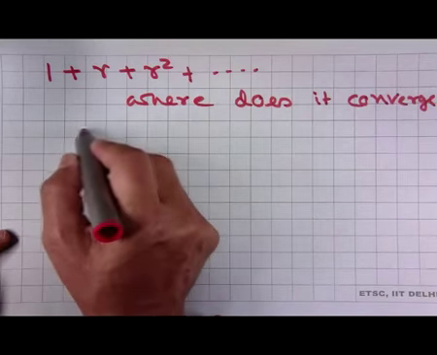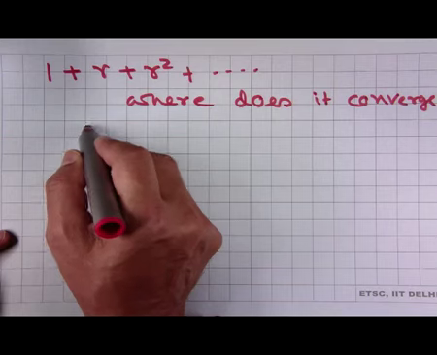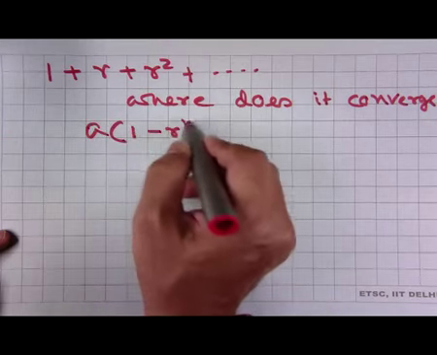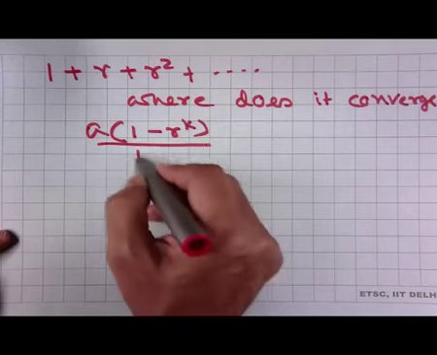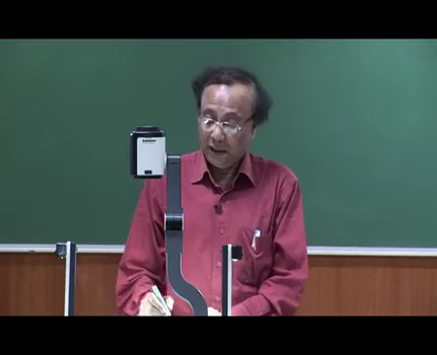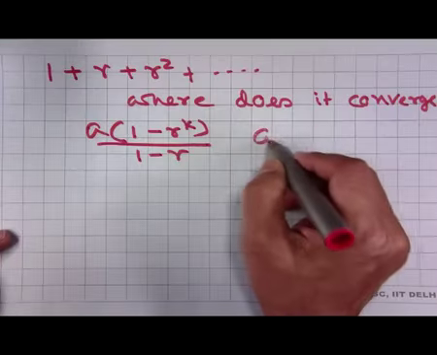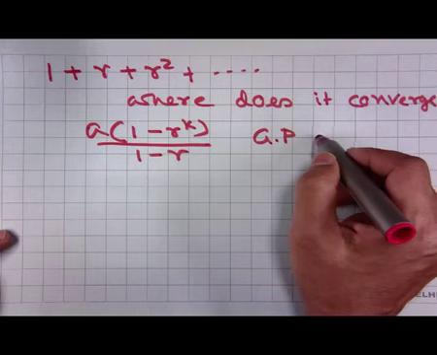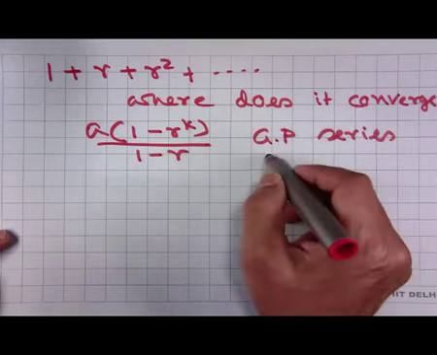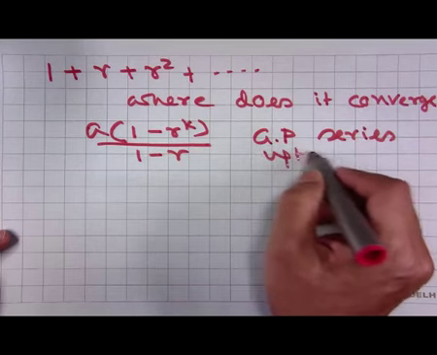If we look at the sum a into 1 minus r to the power k upon 1 minus r, that was the GP series we have got, up to k terms.